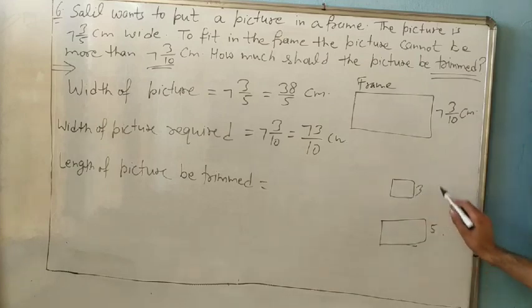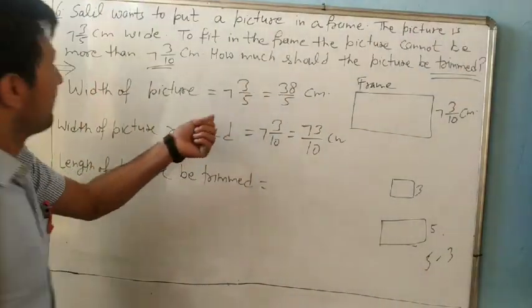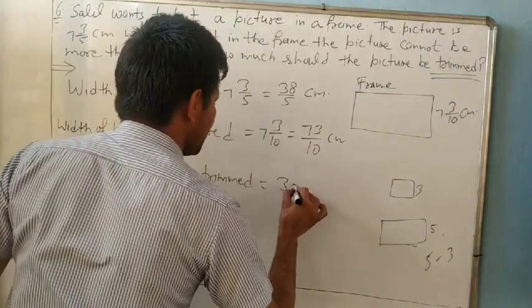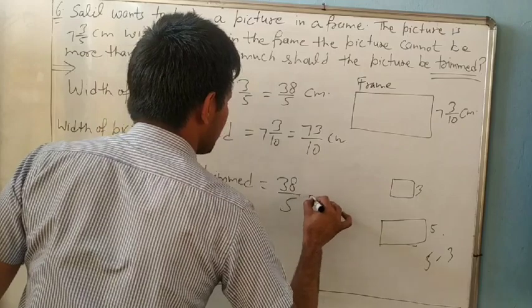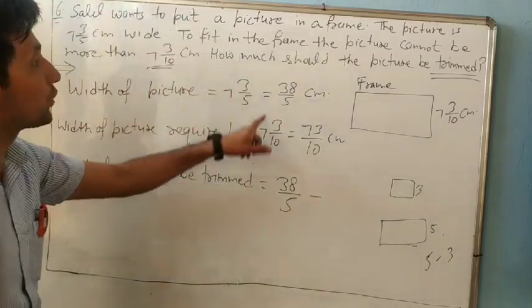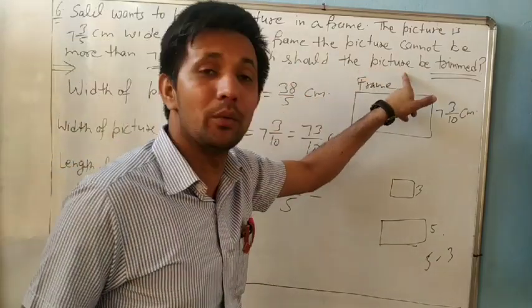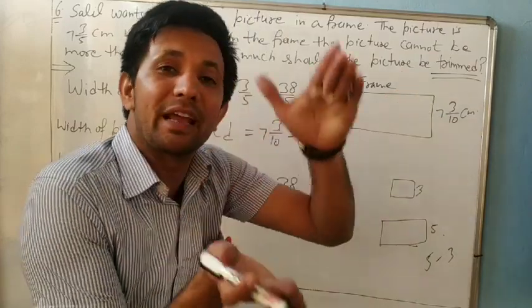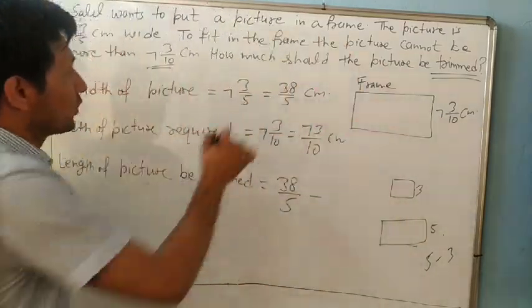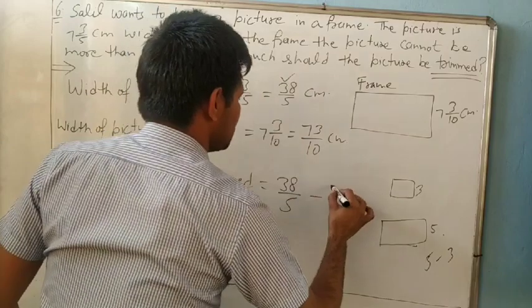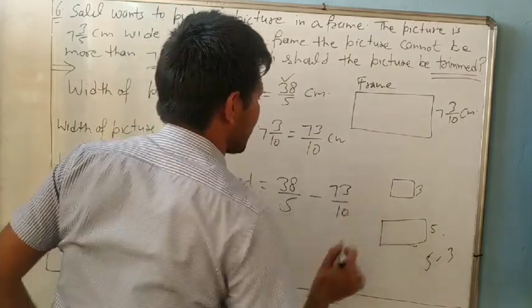So how much will we cut? 5 minus 3, 2 centimeter. Same as it is: picture 38 upon 5 minus, because which one do we want to trim? The picture. It means the breadth of the picture is more. So it is 38 upon 5 minus 73 upon 10.